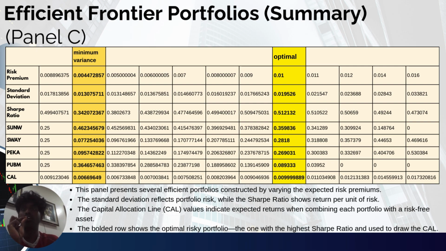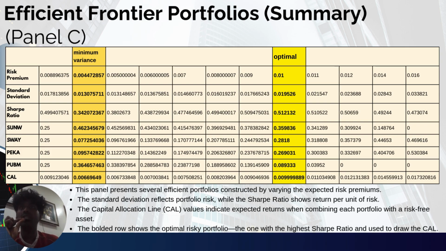So let's now take a closer look at asset allocation. In the optimal portfolio, Sunway REIT holds a weight of 0.359836. Sunway Berhad stock is at 0.2818, PEKA is at 0.269031, and PUBM, or Public Bank, is 0.08933. These weights indicate how much of the portfolio is invested in each asset to achieve this risk-return profile.